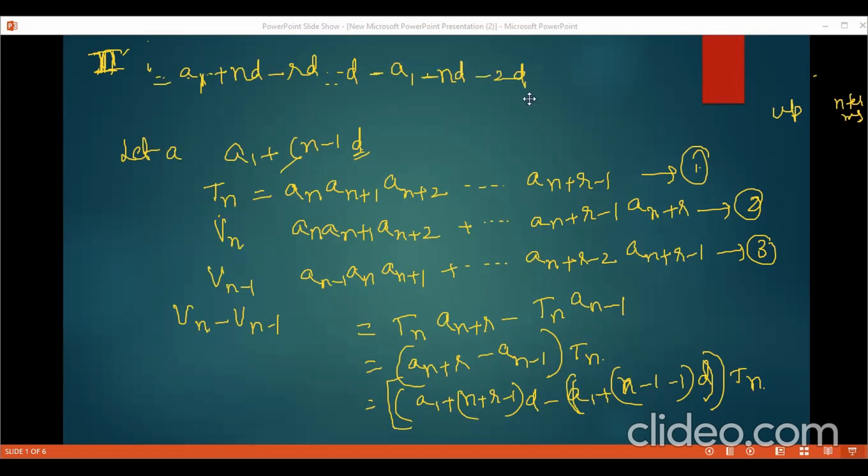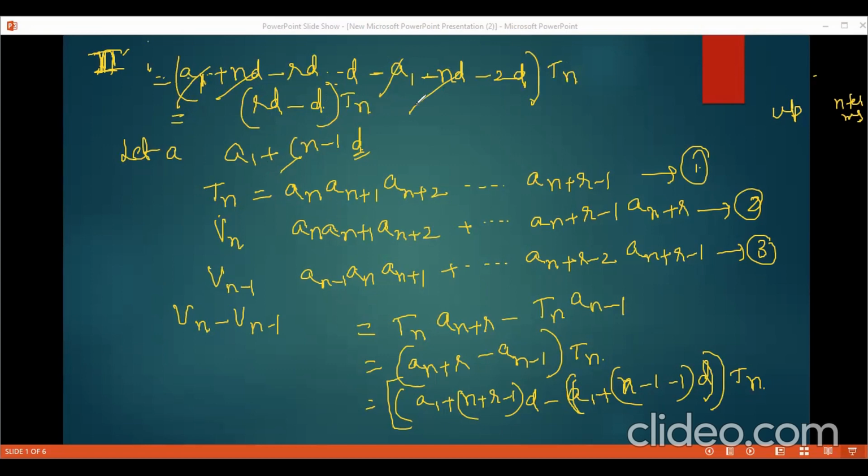This total thing should be multiplied by Tn, right? What do we get? Minus a1 plus a1 cancel, nd cancel, and the d terms leave us with rd minus d, times Tn. Got it? So this we got.